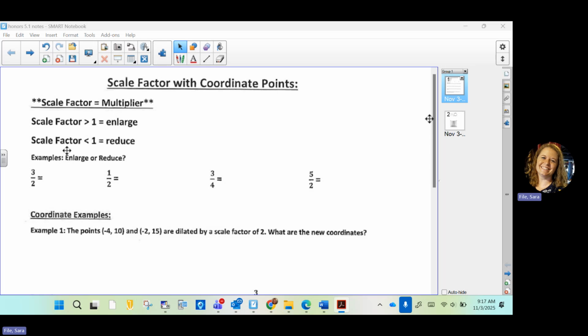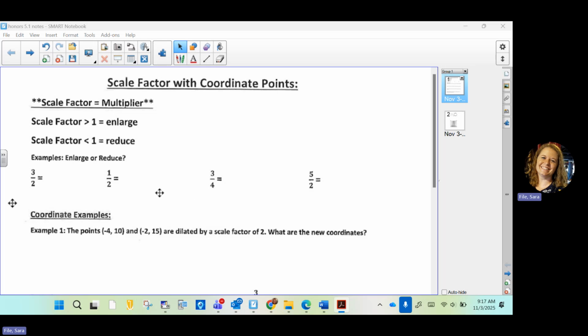If your scale factor is less than 1, you're scaling down. You're reducing the size of an image. So for example, if I want to identify these scale factors as an enlargement or a reduction, I'm just going to say E or R for enlarge or reduce.